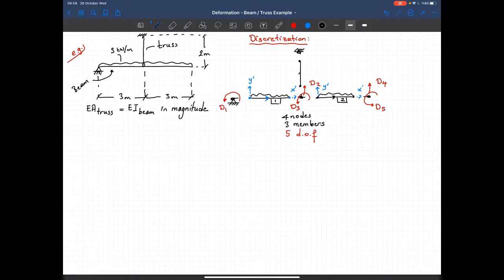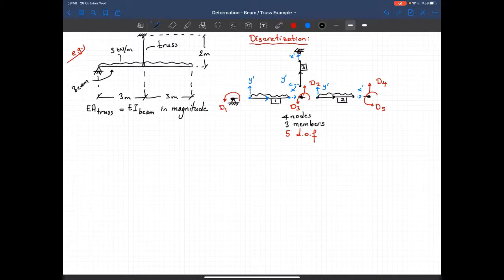Remember that here I'm showing the directions of the local axes, so that's the x prime, that will be the y prime for the truss member, and this is my, let's say, third member. So in this discrete version of the structure, I show everything that I need: the degrees of freedom, the members, and their local axes. Remember that we will use these local axes while defining the deformations.